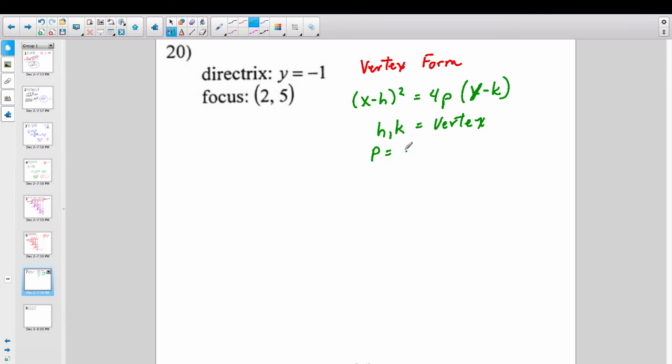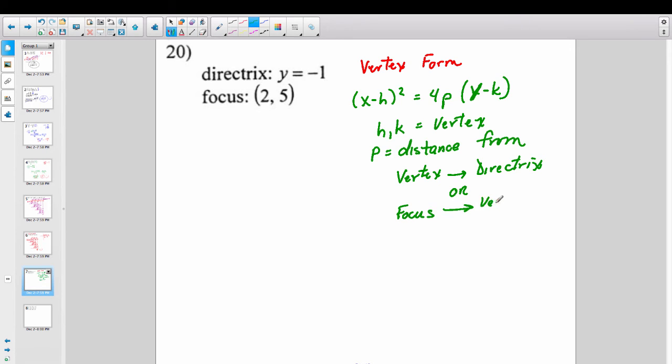P is the distance from vertex to directrix, or focus to your vertex, or 1/2 the distance of your directrix to focus. So let's draw this out.